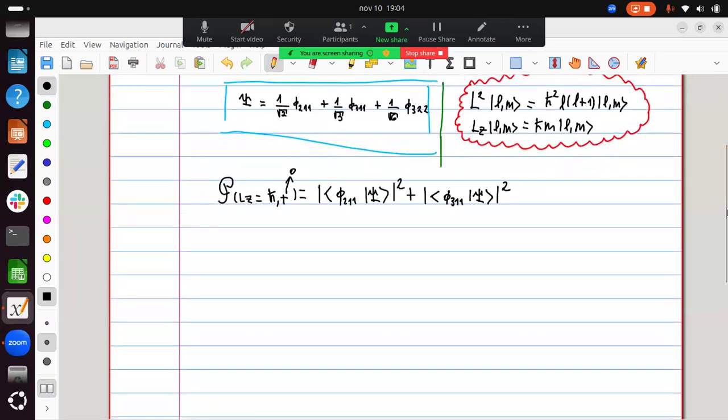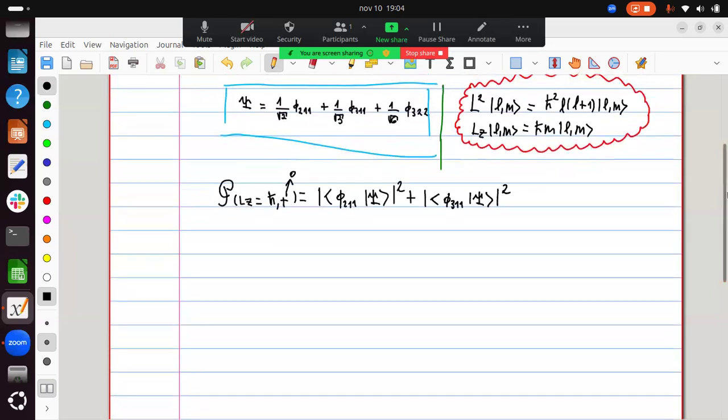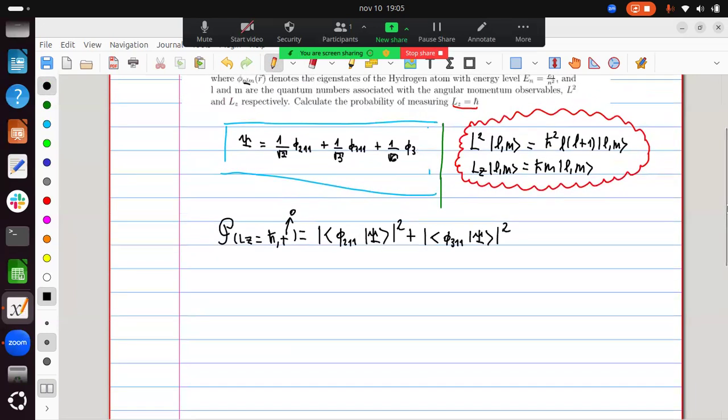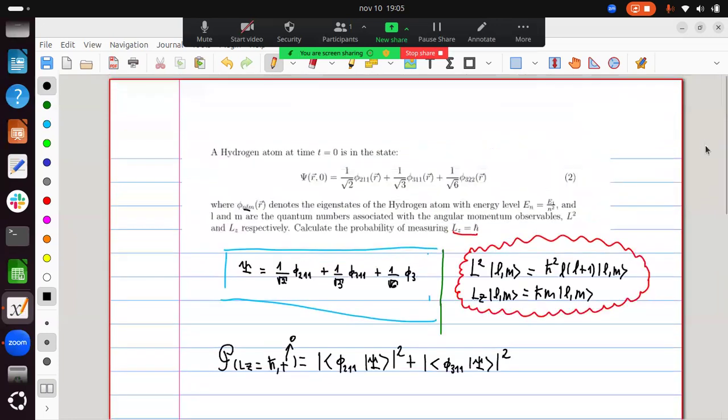And then why just these two? Why only these two probabilities? Because we only have two energy levels, so we just need to consider it over here. This is 3, 2, 2.